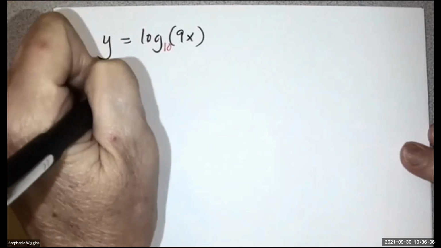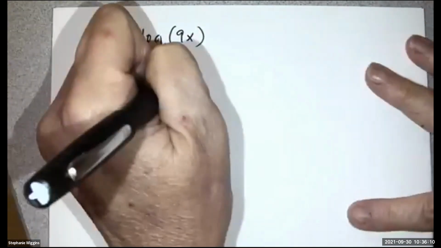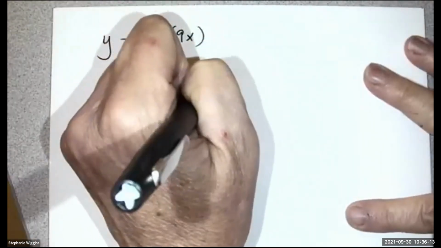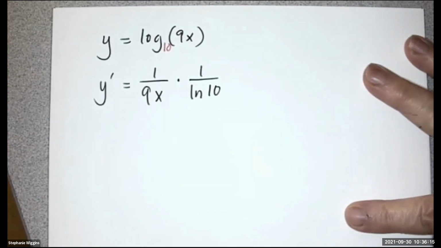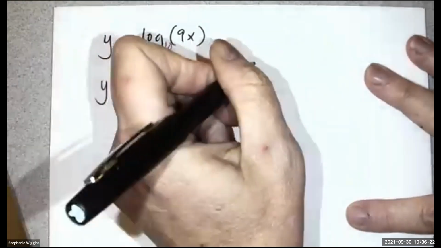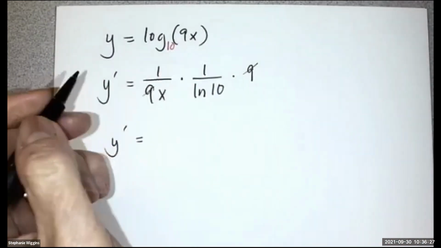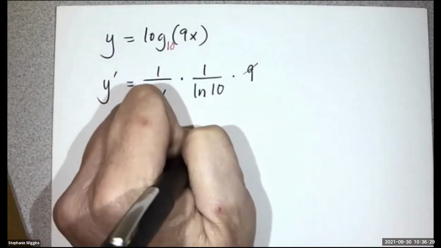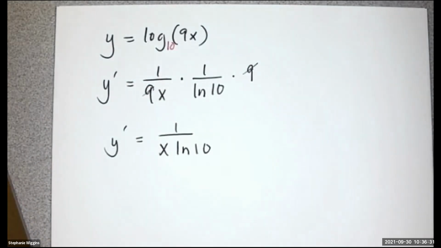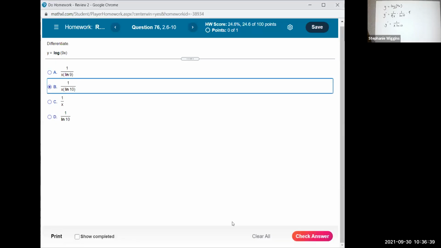Step 1, take the reciprocal of the inside, so 1 over 9x. Step 2, multiply by the reciprocal of the natural log of the base, so 1 over natural log 10. Step 3, multiply by the derivative of the inside. The derivative of 9x is 9. You can see the 9's are going to cancel. And so we have 1 over x natural log of 10. That seems pretty familiar, so probably didn't have to do that one. It's kind of repetitive, but there you go.